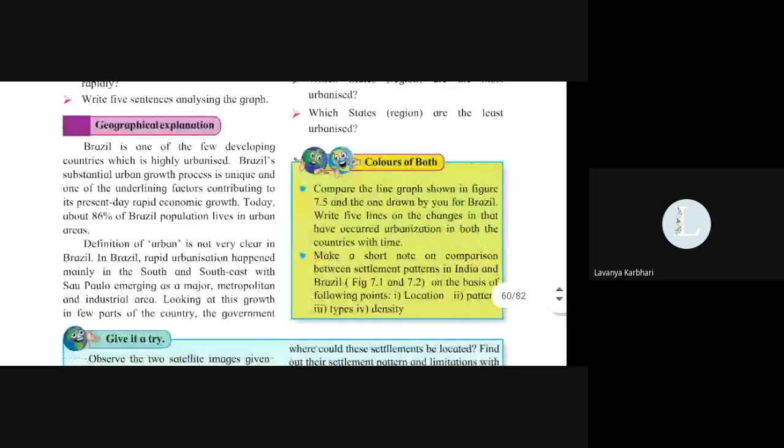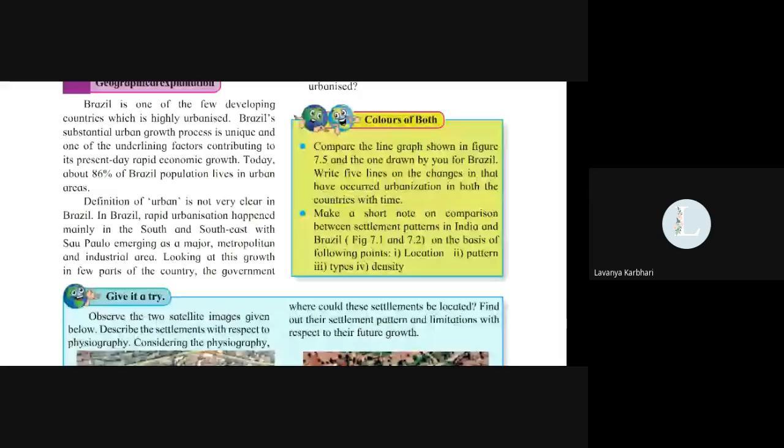Compare the line graph shown in figure 6.5 and the one drawn by you for Brazil. Okay, we have seen the 7.5, here India, and we have asked for this Brazil. So you have to compare them.